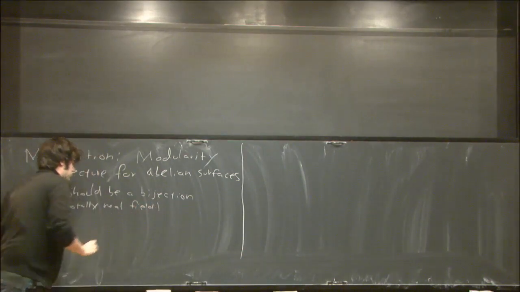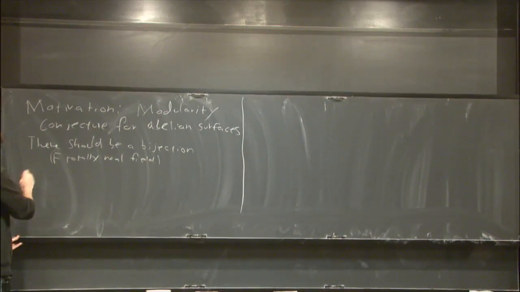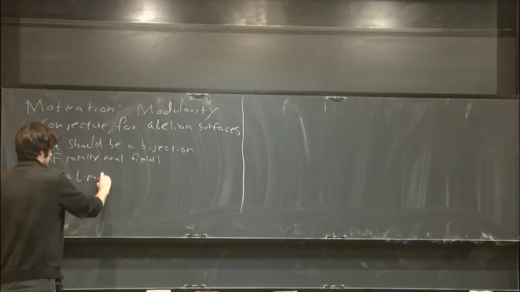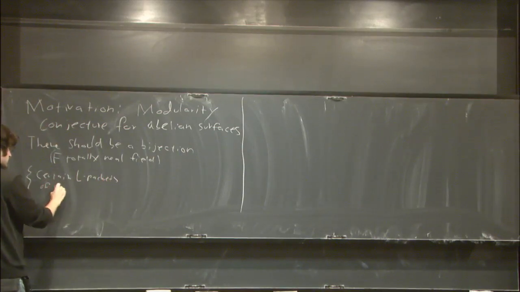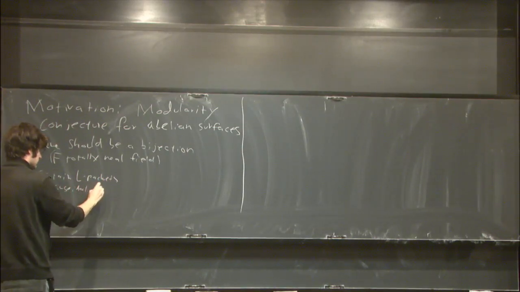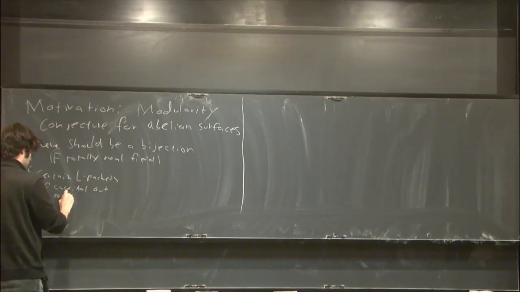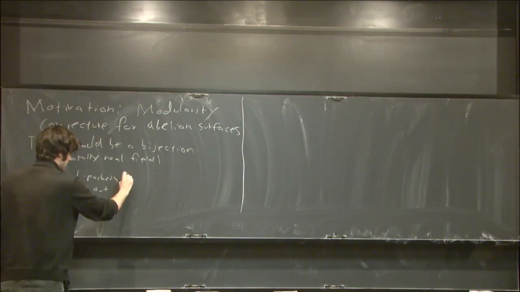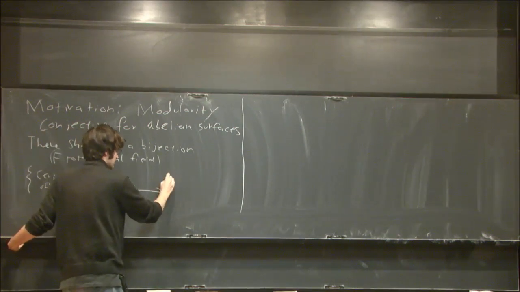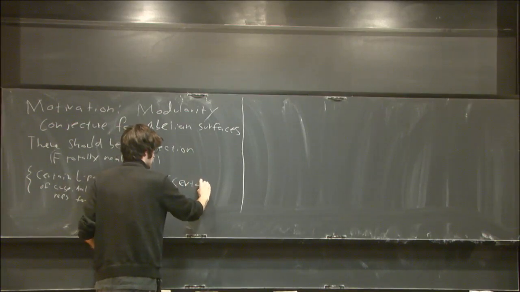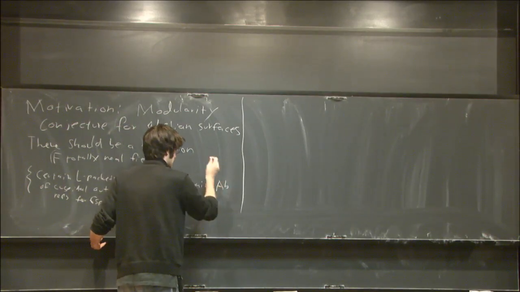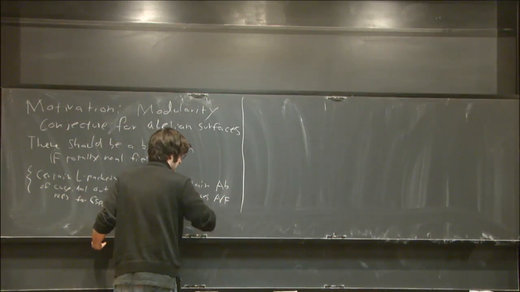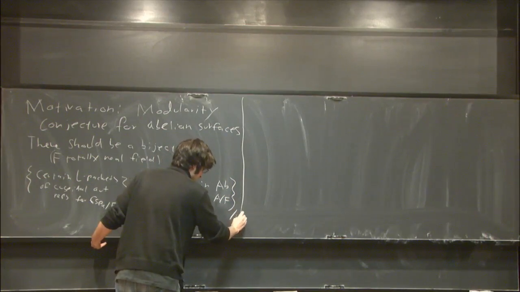There should be a bijection between certain L-packets of cuspidal automorphic representations for GSp4 over F and certain abelian surfaces A over F up to isogeny.